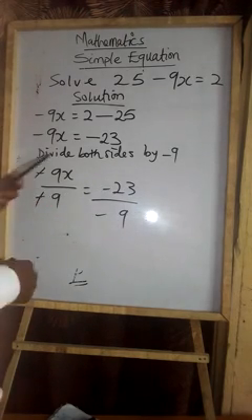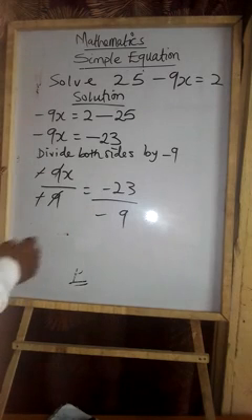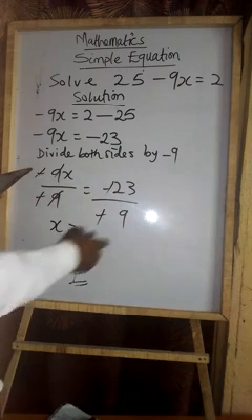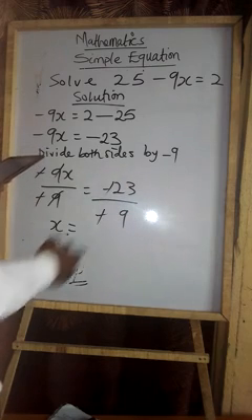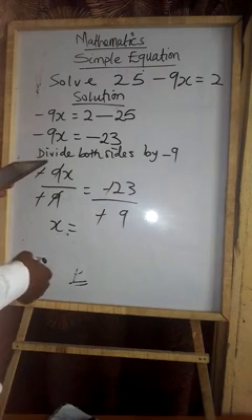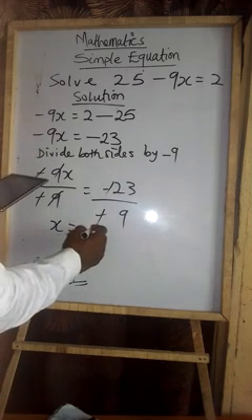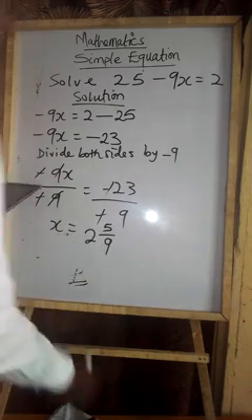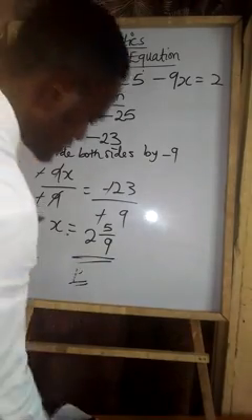Minus will cancel minus, 9 will cancel 9. How many 9s can you have in 23? You can only have 2 whole number, 5 over 9. So that is the answer.